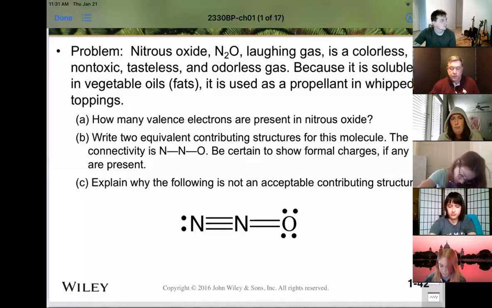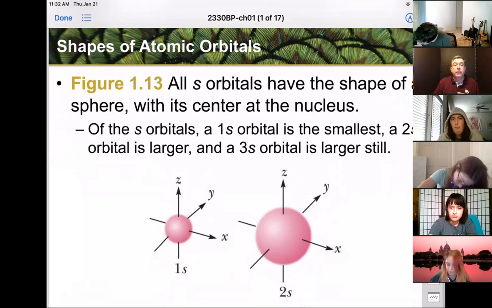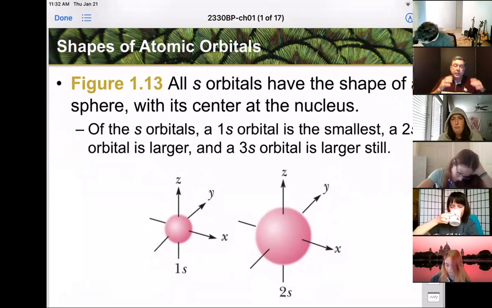Okay. So let's go back to the shapes of the atomic orbitals. When we do the shapes of atomic orbitals, each principal energy level starts out with an s orbital.